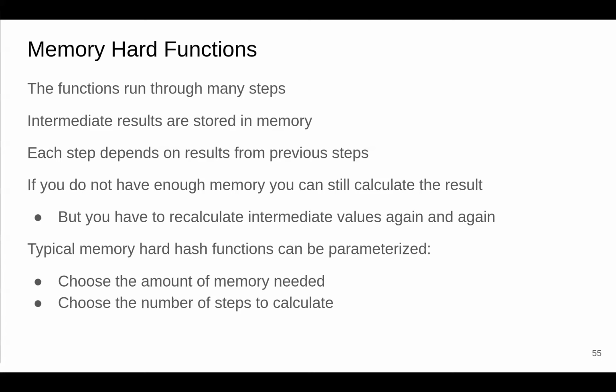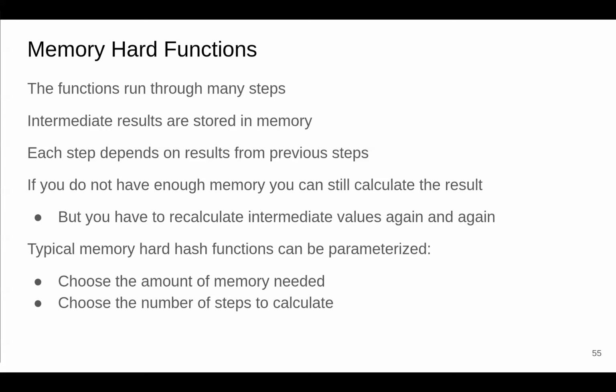For cryptographic hash functions, it usually works as you only look at the last iteration and you keep iterating. For memory hard, you're going through all the different intermediate results and you just recombine them again and again. If you do not have enough memory, you can still calculate the result, but you have to recalculate intermediate values again and again, slowing down and reducing the benefit of this parallel approach even further.